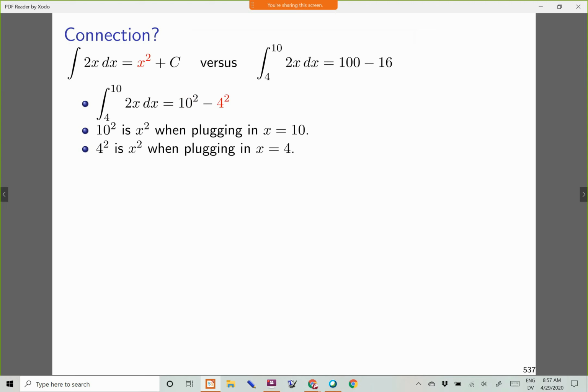And then 4 squared is what x squared is when you plug in 4 for the x. So there seems to actually be a connection here. It seems so strange, but it works out every time.